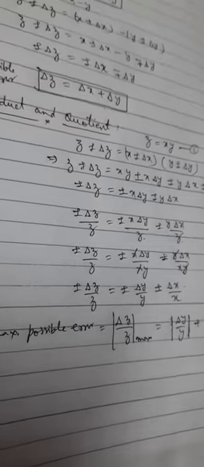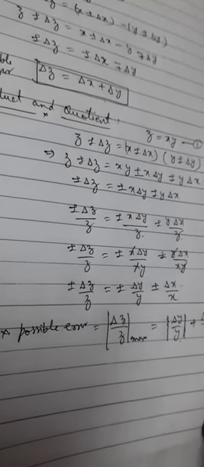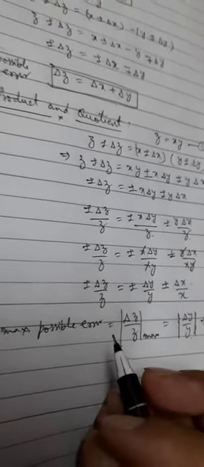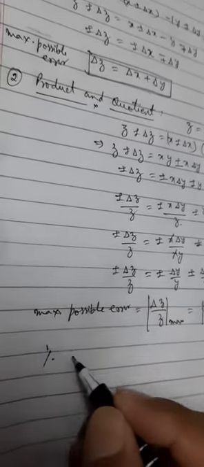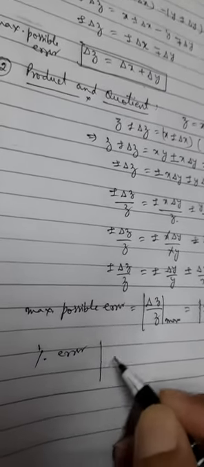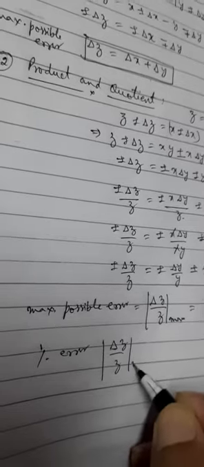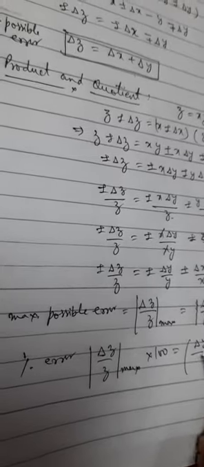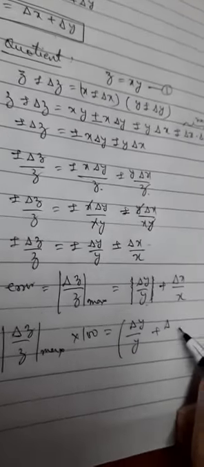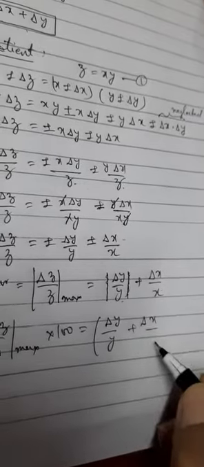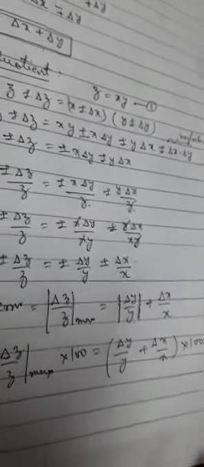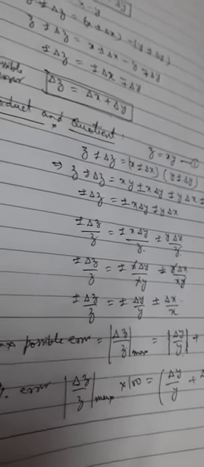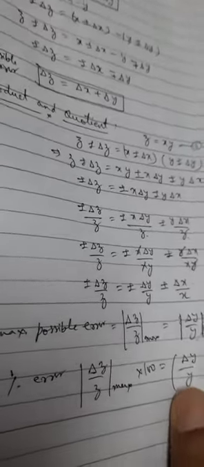Okay, delta y upon y and delta x upon x are the relative errors in y and x. Suppose I am going to calculate the percentage error. So it will be delta z by z maximum into 100 is equal to delta y upon y plus delta x upon x, into 100. Okay, so this is the way you can do the product of x and y.